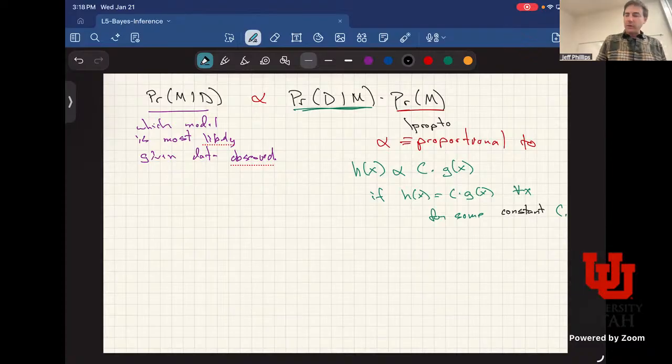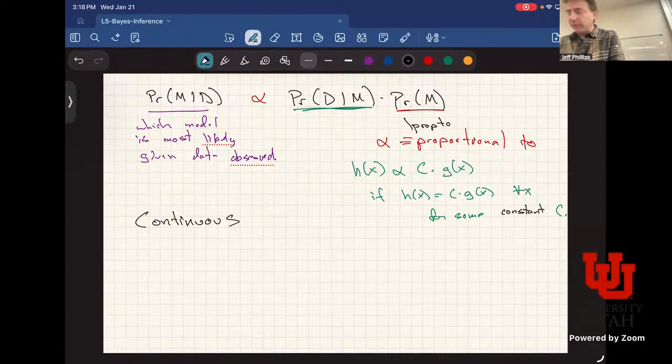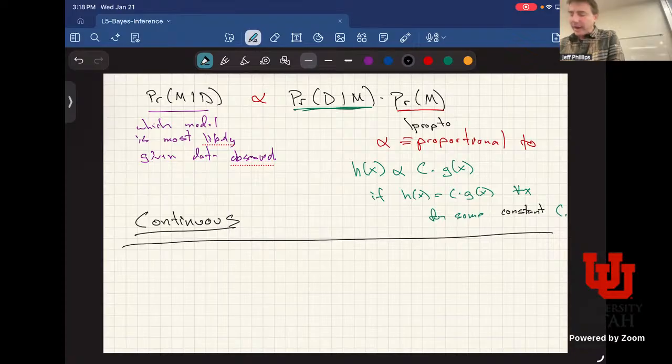Okay, great. So we want to write this, but this is for discrete things. This is useful when we're going to be writing it with PDFs. So now we want to do a continuous version. We're going to say f of D given M. We're going to use f for this, and it's going to be called the likelihood.